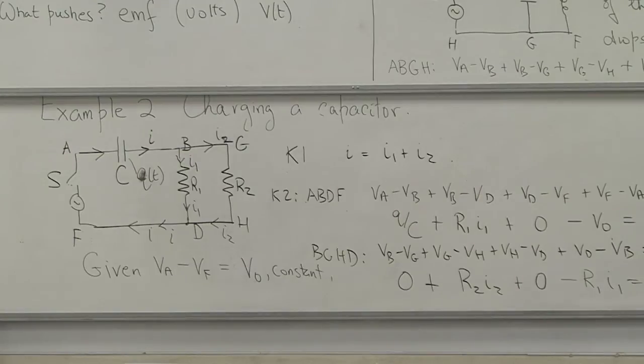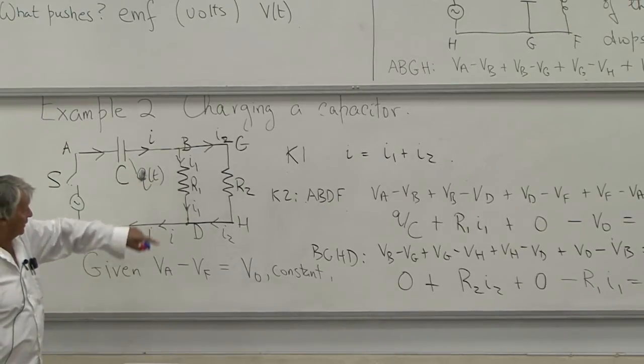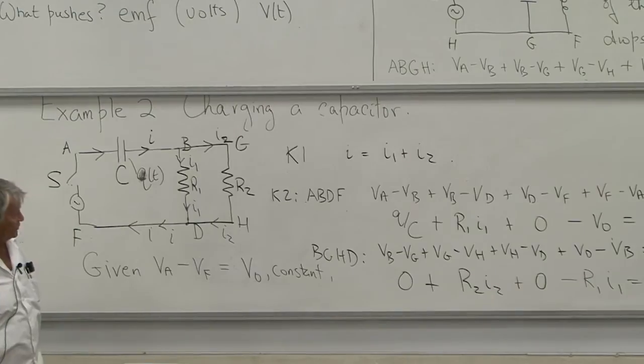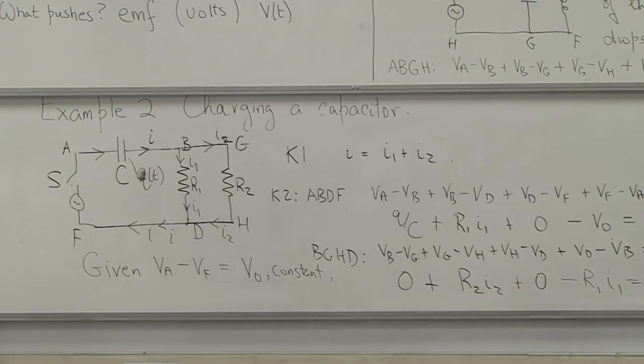How many unknowns do I have? Q, I1, I2, I. How many equations do I have at the moment? 3.